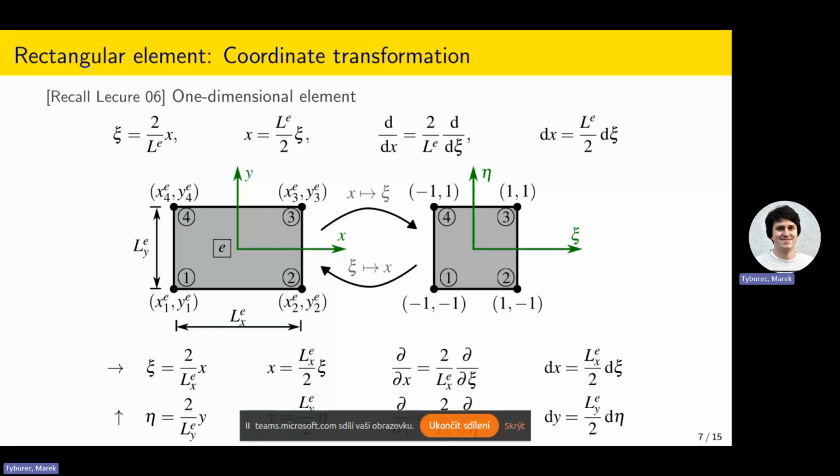Now if we flip it, we get that 2 over L dx is equal to d psi, or maybe even better, dx is equal to L over 2 d psi.